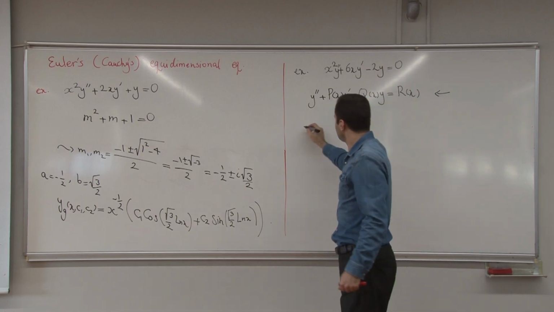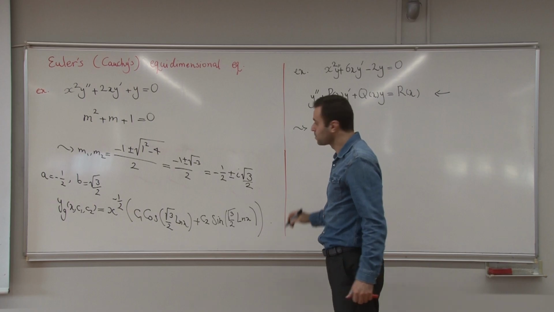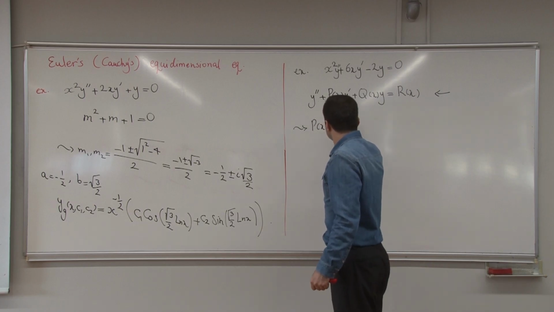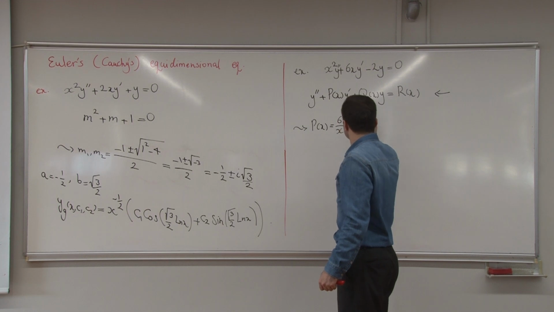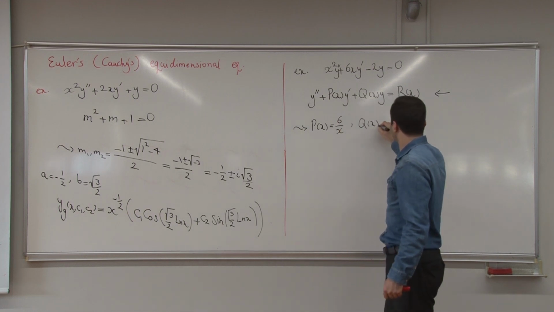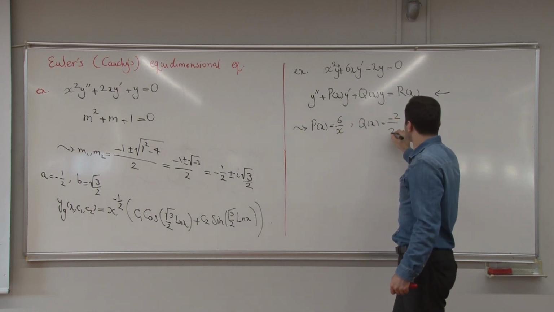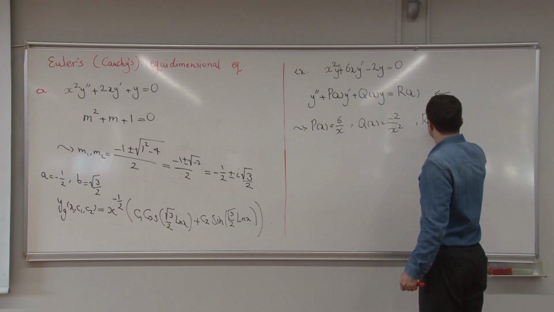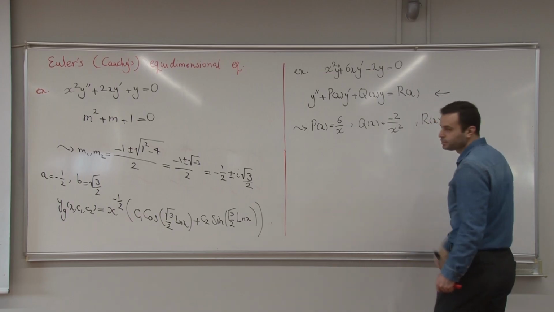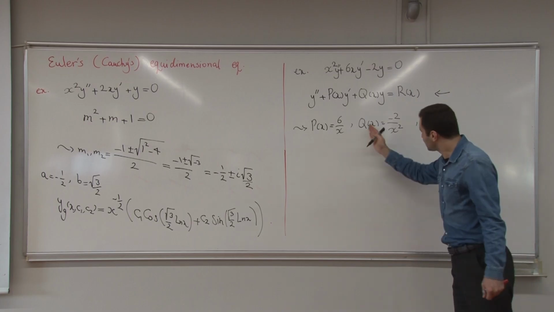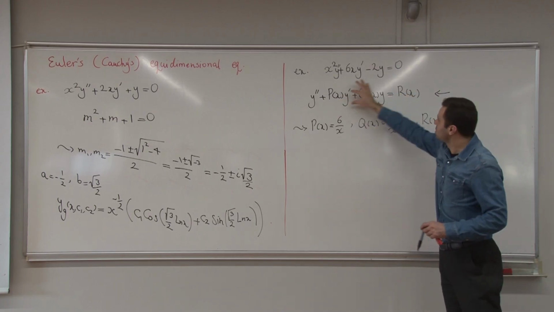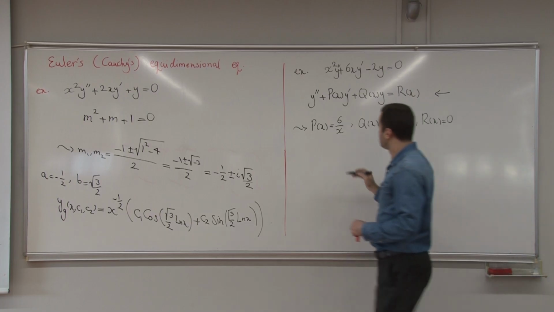For instance, if you select p of x as 6 divided by x and q of x as minus 2 divided by x squared, and r of x equal to 0, then what happens to this equation?